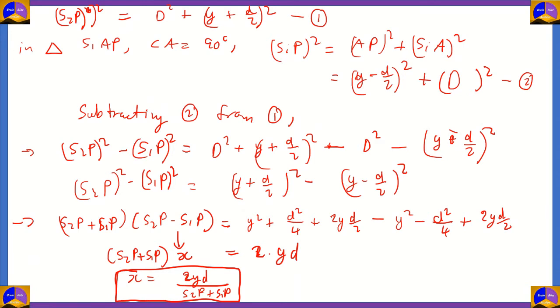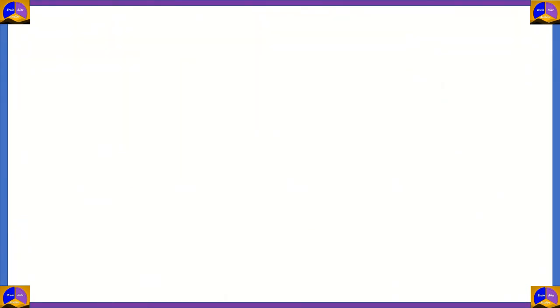Now let's consider S2P and S1P to be approximately equal to D, the distance between the slit and the screen, capital D. Therefore, x will be equal to 2yd divided by 2D.